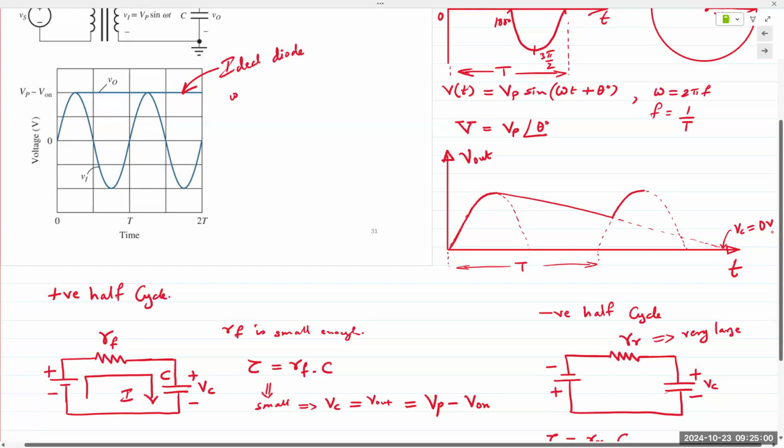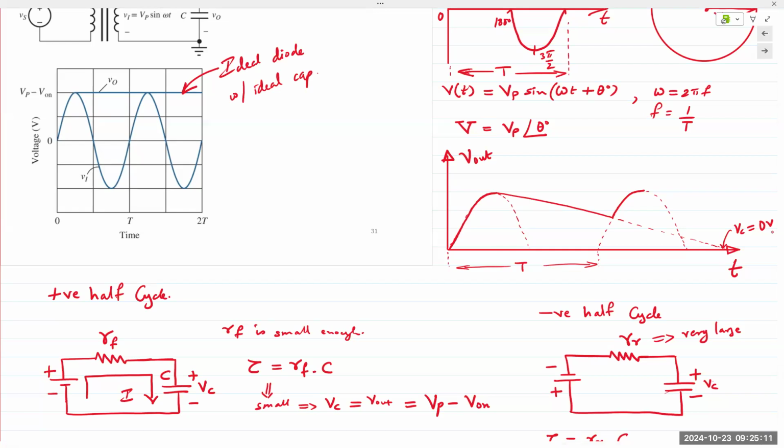Ideal diode with ideal capacitor. So it doesn't discharge at all. At the output, capacitor just displays its energy.